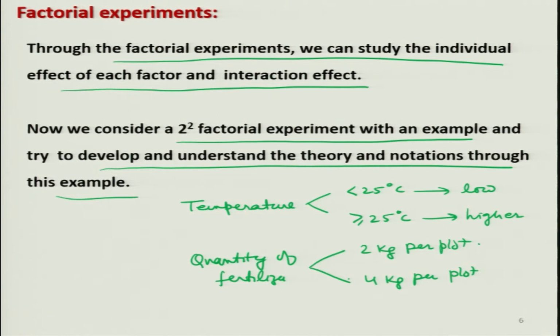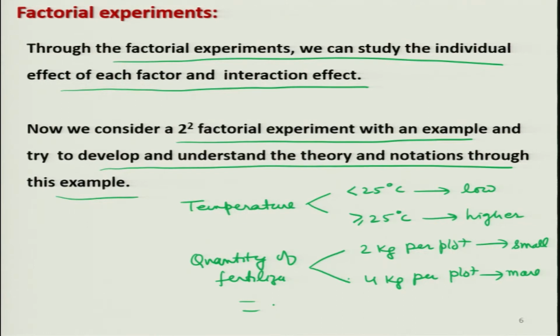So, I can say that this is a small quantity when I give 2 kilogram of fertilizer in a plot, and if I give 4 kg, then it is a larger quantity and so on. So, basically, whatever my numerical value is, I am trying to divide them into 2 different categories. And similarly, if you wish, you can take more such variables.